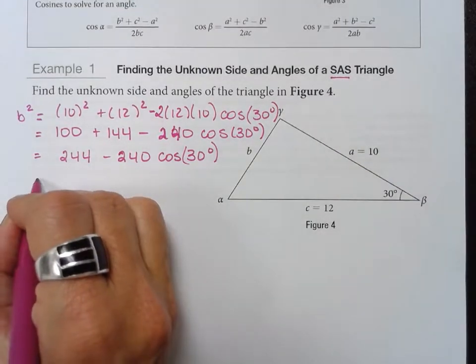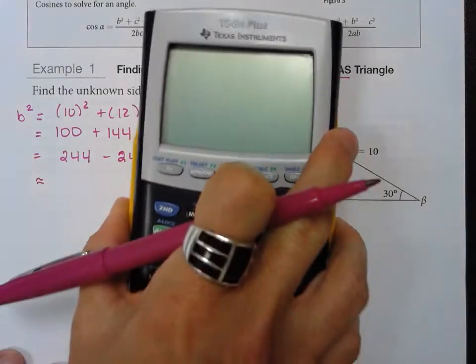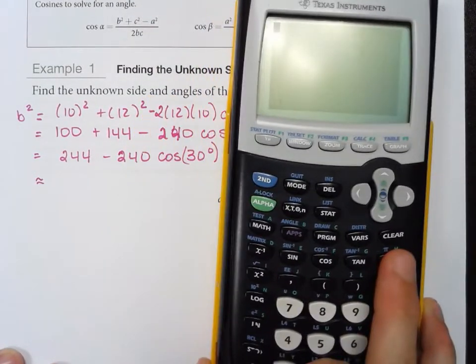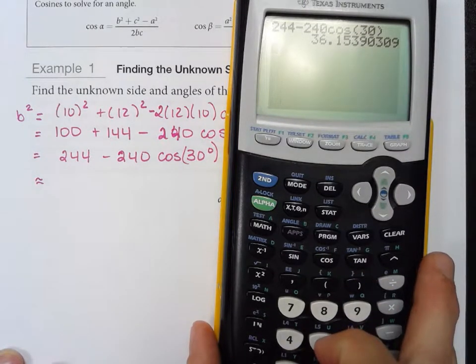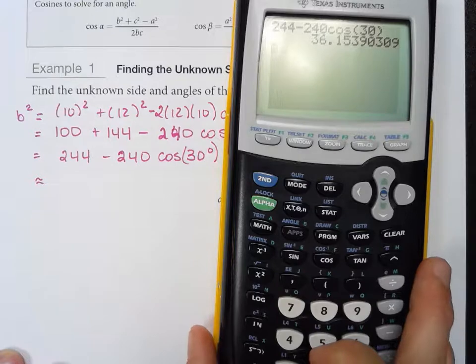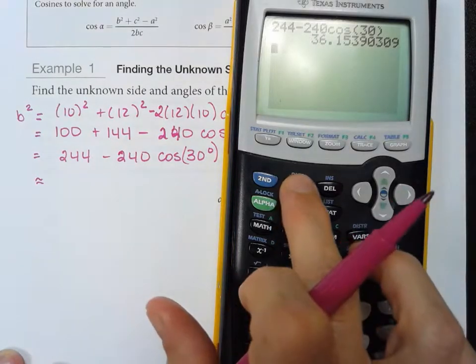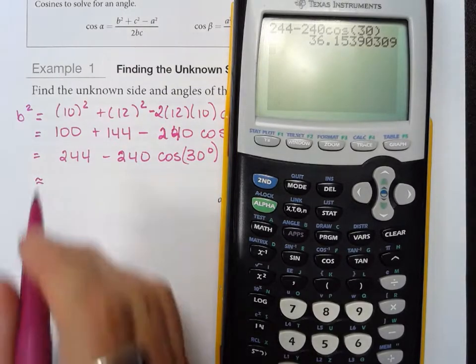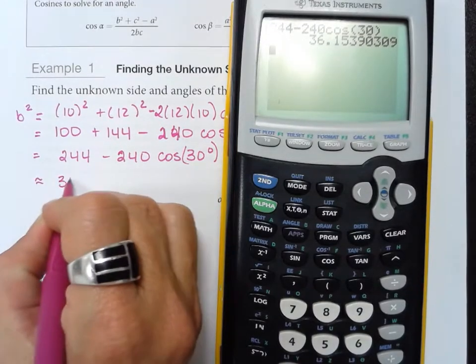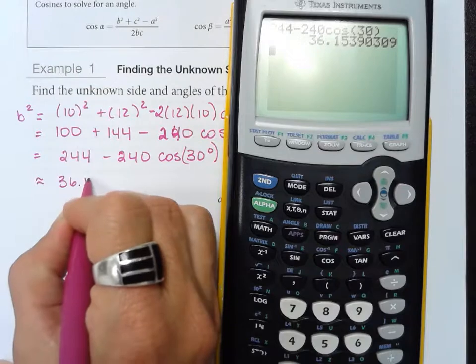This is approximately equal to 36 point a whole bunch of stuff. I just want to check my mode really fast. Yes, it's in degrees. Okay, so I don't want to actually use this in rounded form.